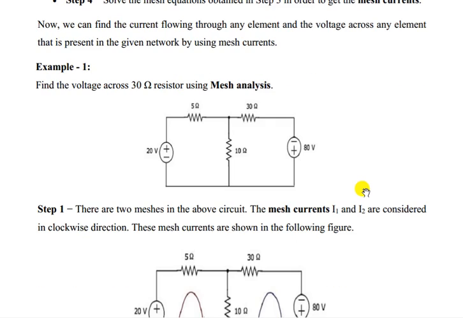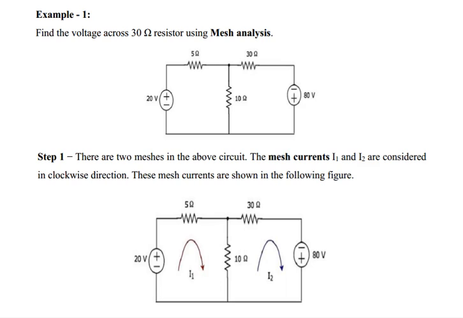Now, let us see an example. Suppose we have to find the voltage across this 30 ohm resistor using mesh analysis. This is the circuit. First we find how many meshes there are. It is very clear that we have two meshes.